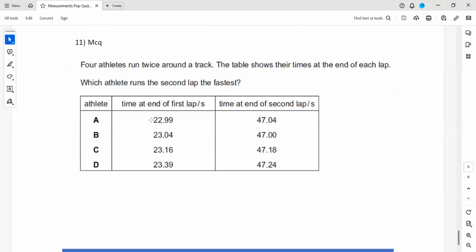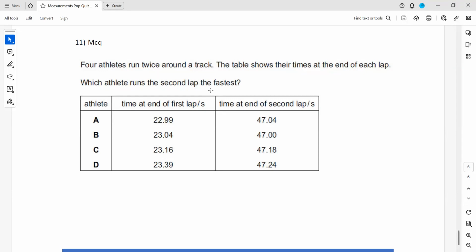Four athletes run twice around the track. The table shows their times at each lap. Which athlete runs the second lap fastest? What you have to do is take the difference between the second lap and the first lap.